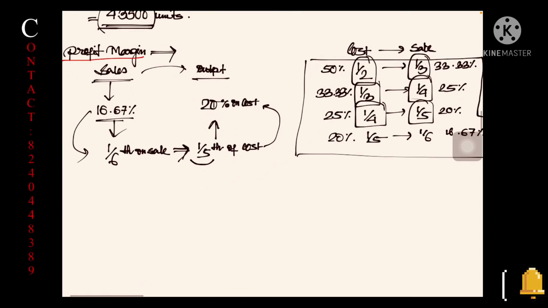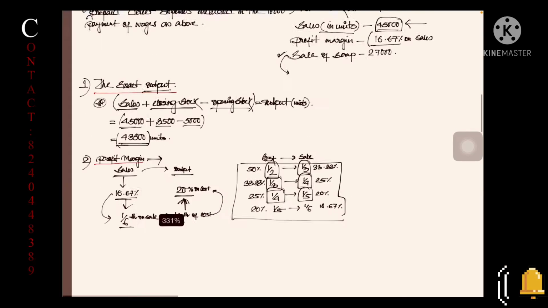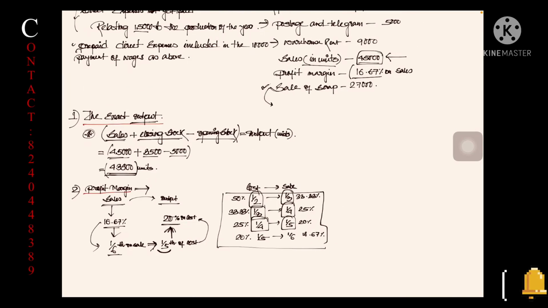Similarly, if it is 1/6 on sales, it converts to 1/5 of cost. Very simple. Now 1/5 of cost means 20% of the cost. So 16.67% profit on sales means 20% on cost. As simple as that.